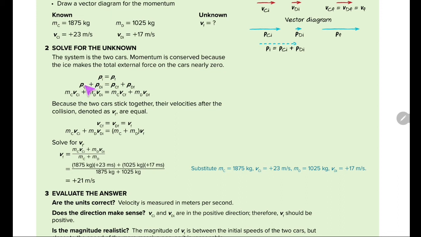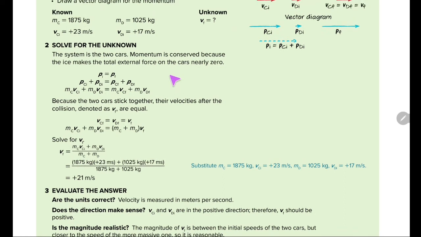In the previous lesson, we learned that P equals mv. So we replace it with mC vC initial plus mD vD initial equal to mC vC final plus mD vD final. The m here represents the mass and v represents the velocity.